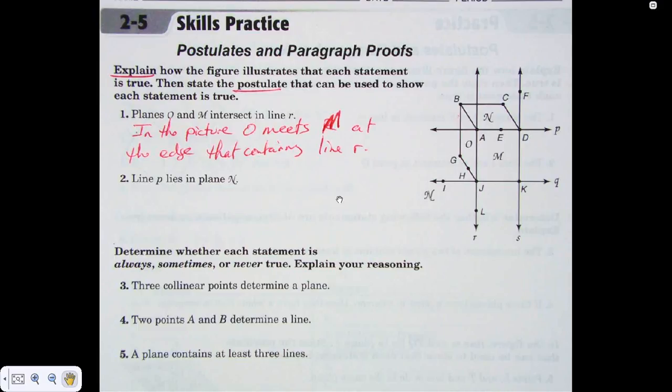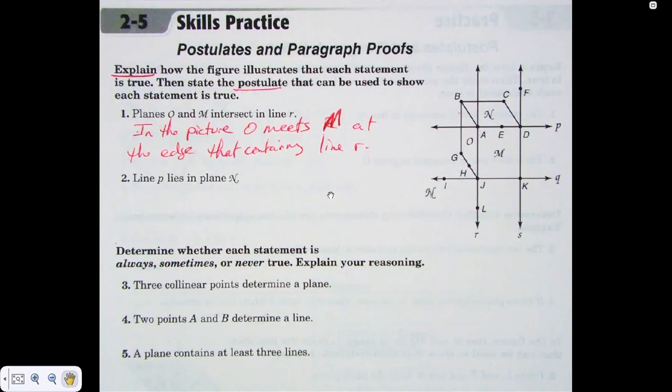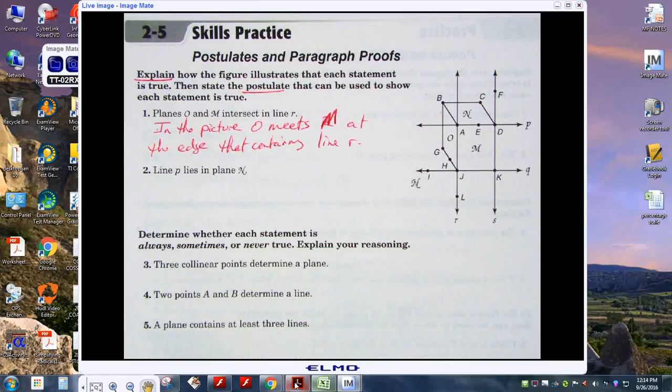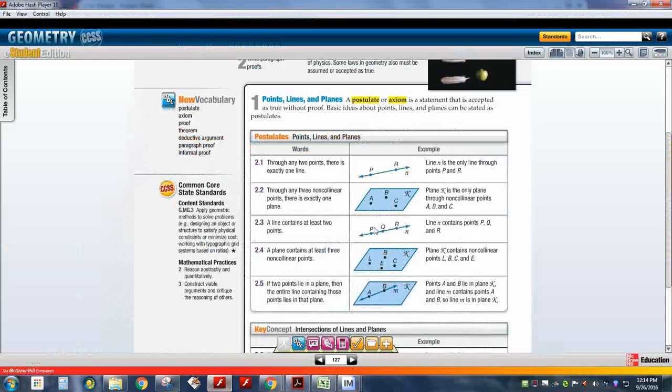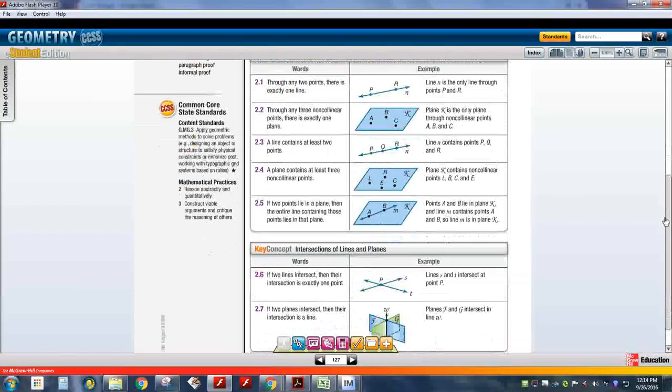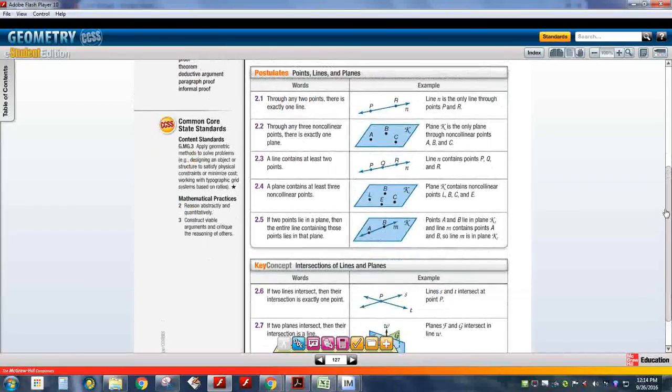But this is our first section with postulates, isn't it? So I bet it's going to have something to do with those 7 postulates or 1 theorem we did today, right? So wouldn't it make sense to pull up that picture? I bet it has something to do with one of these things. What postulate? 2 planes meeting at a line.